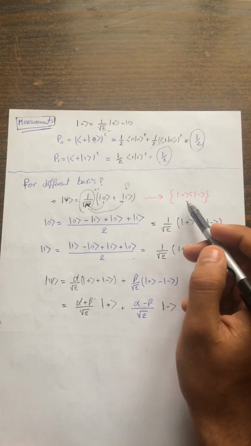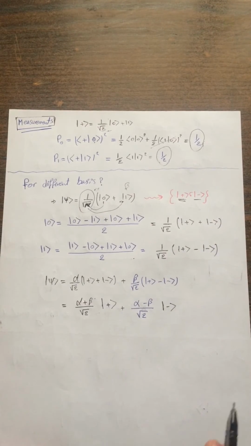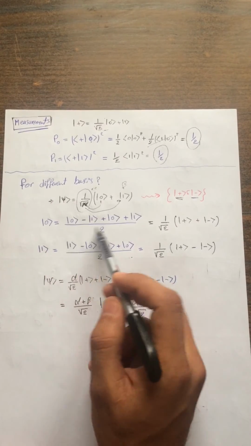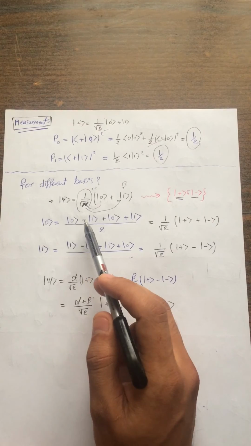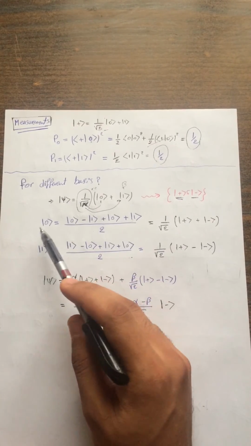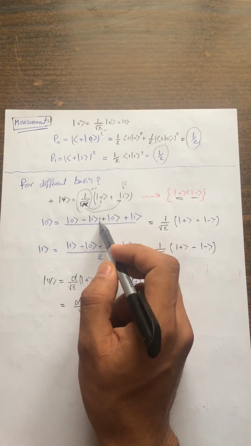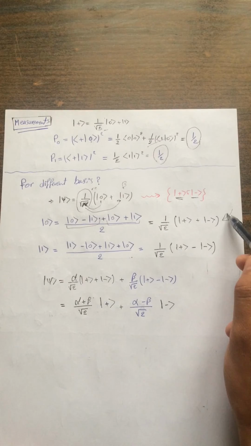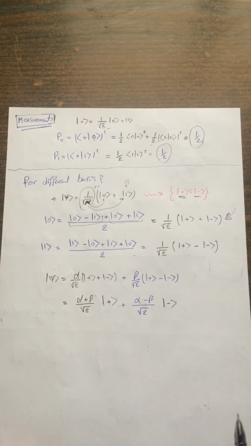Let's say I would like to measure in the basis of plus and minus. So I can take each vector, each ket, and write it like this. There is no objection to this. So just plus and minus, which is actually the ket operator. I take them and transform them to write them down in the corresponding basis I would like to measure in. And the same for 1.